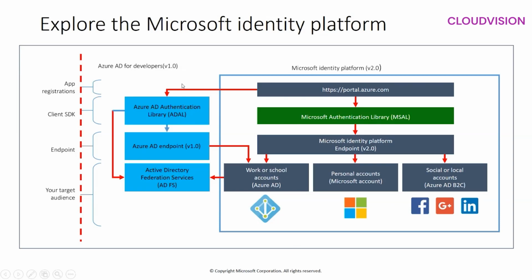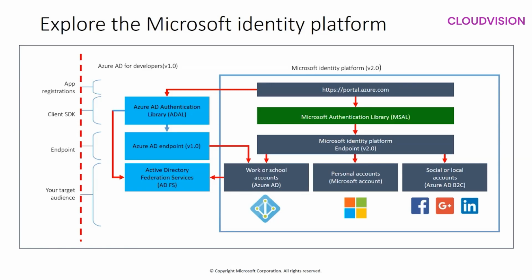Why not just get rid of it? Because sometimes we create an application which only wants to authenticate from Azure AD, and in future they don't want to change this behavior. So why give extra complicated features to them? In that case, we use a specific library called ADAL, the Azure AD Authentication Library, which allows users to work with Active Directory only.